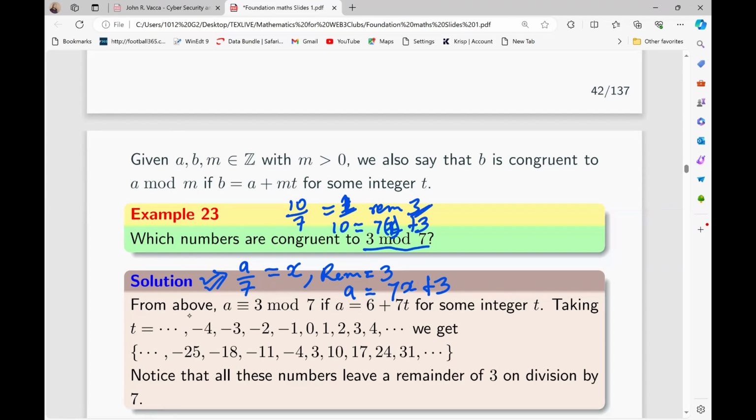So how do we write 10? 10 is then written as this divisor times the quotient, plus the remainder.